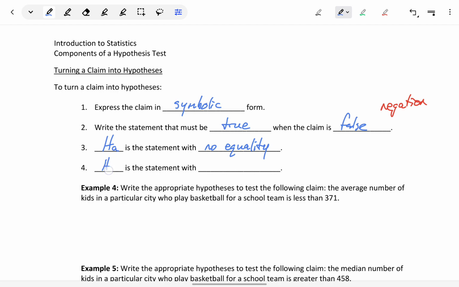And the null hypothesis, H sub 0, will be the statement with equality. And we may have one additional step in there where, depending on the statement, we rewrite it as a strictly equal to statement.